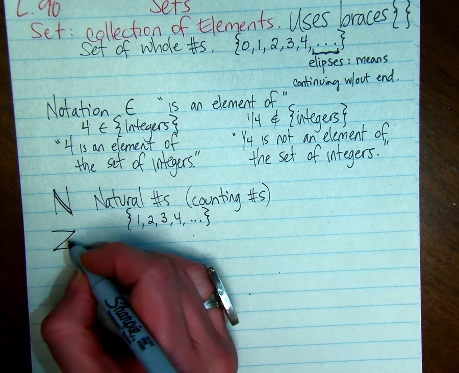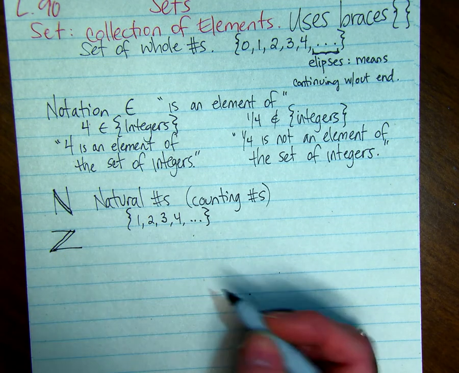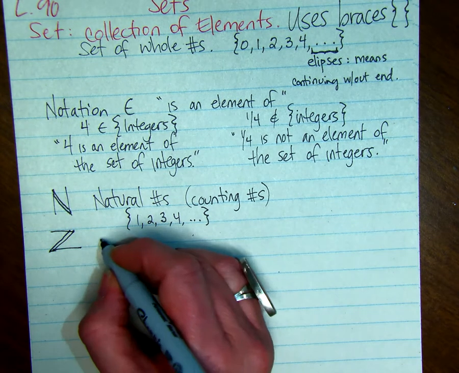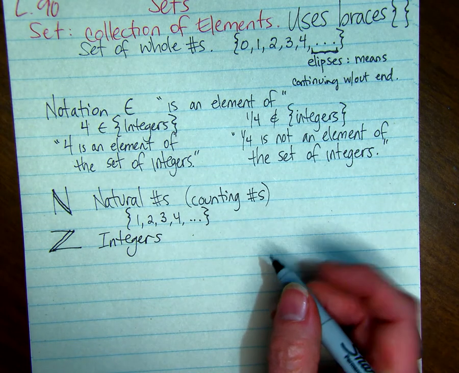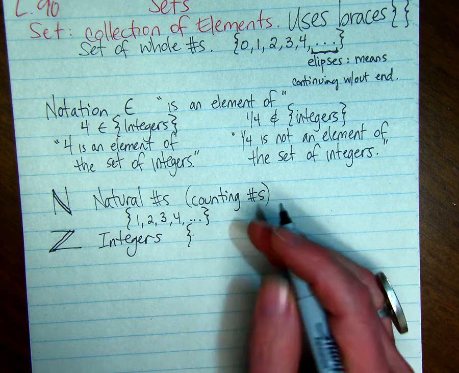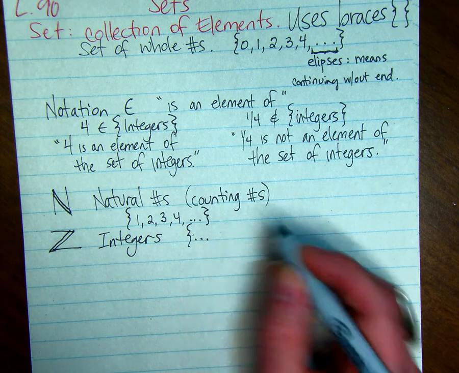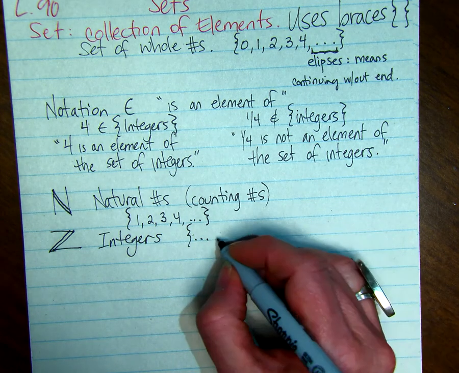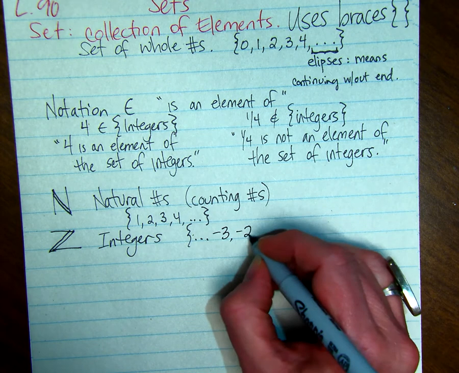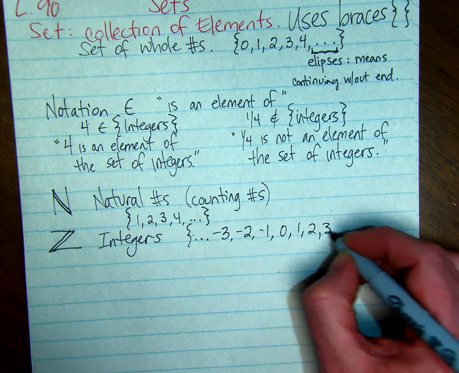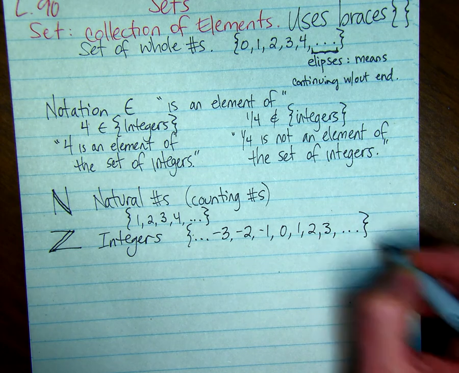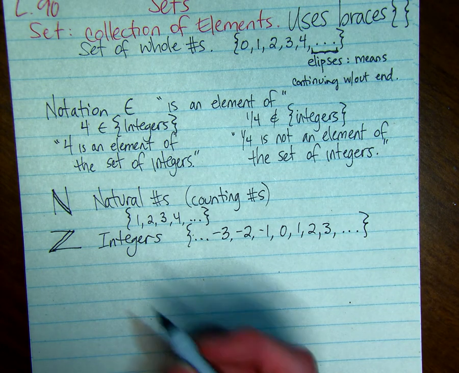A capital Z with a double middle bar is the set of integers. That's written with braces, a set of ellipses to show that it continues without end on the left side, -3, -2, -1, 0, 1, 2, 3, and another set of ellipses to show that it continues that way.